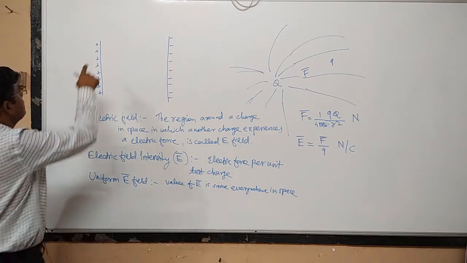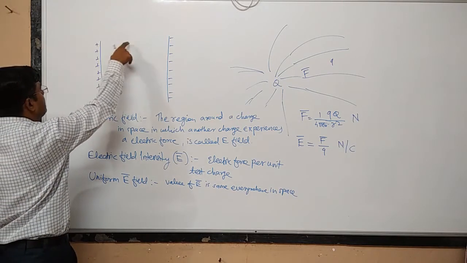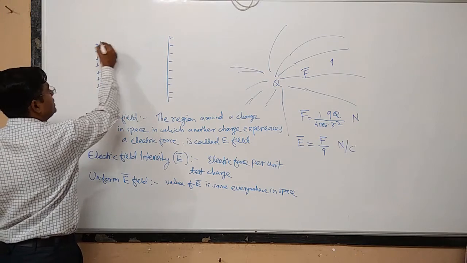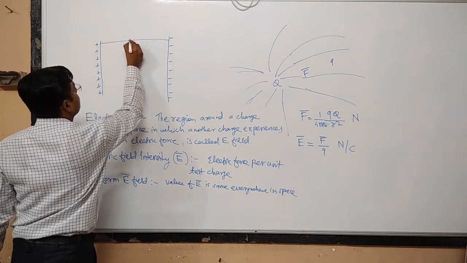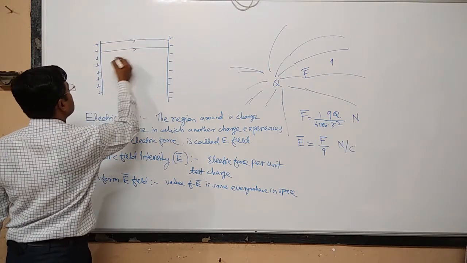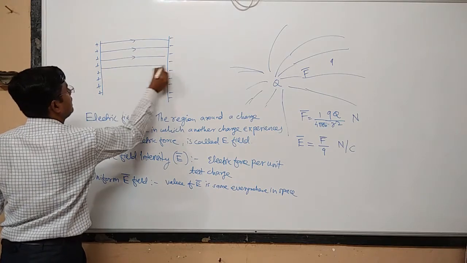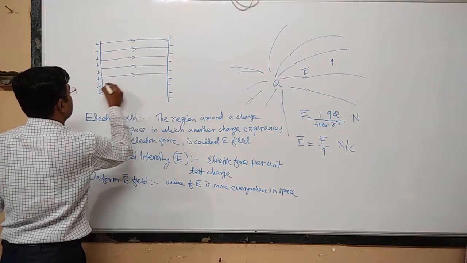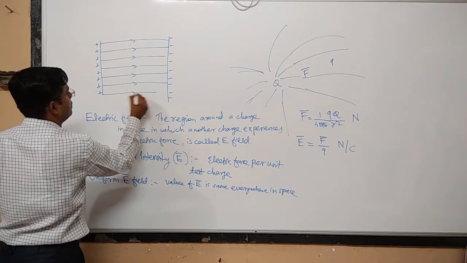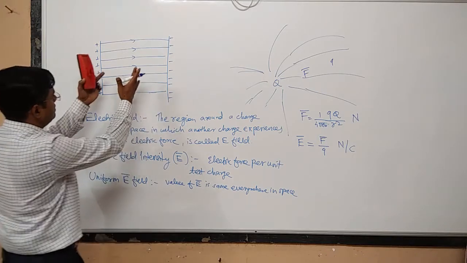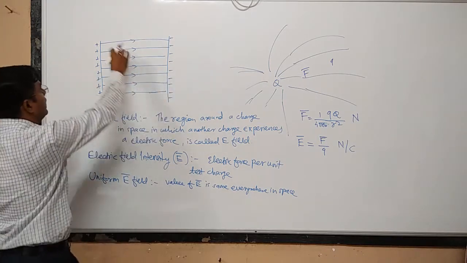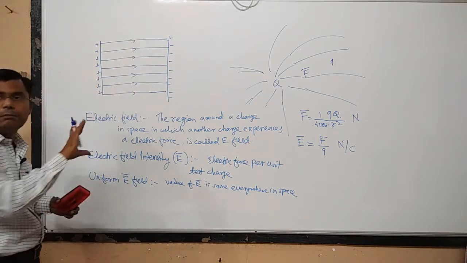Then there will be electric field lines originating from positive to negative, denoted like this. We are considering that these plates are far away from each other, so that these electric lines of force are nearly parallel.